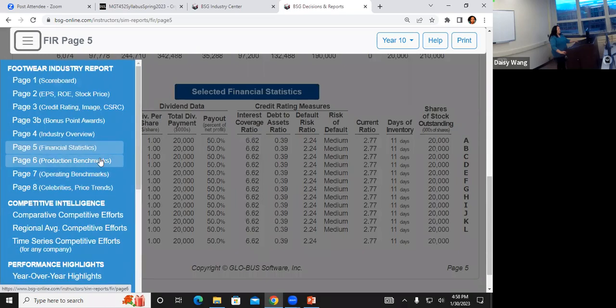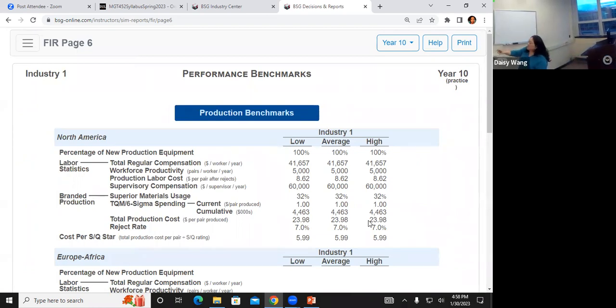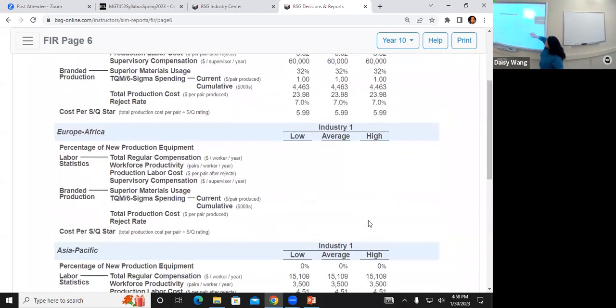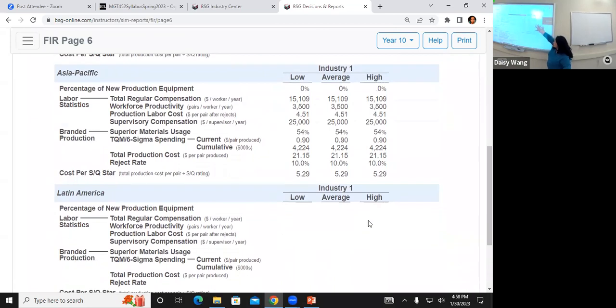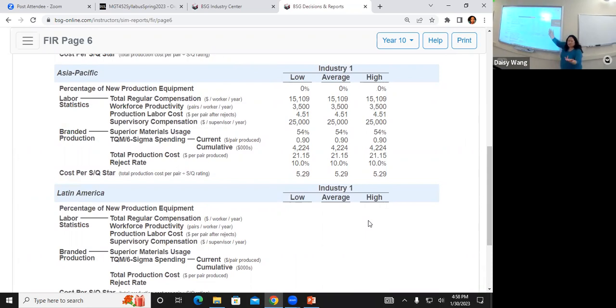And you won't be able to see which company pays the employees how much, but you will see the lowest company, the highest company, the average. So you see average, low, and high. And then on your screen, you will see your number here, so you can compare your number with the industry number. My screen doesn't show it.